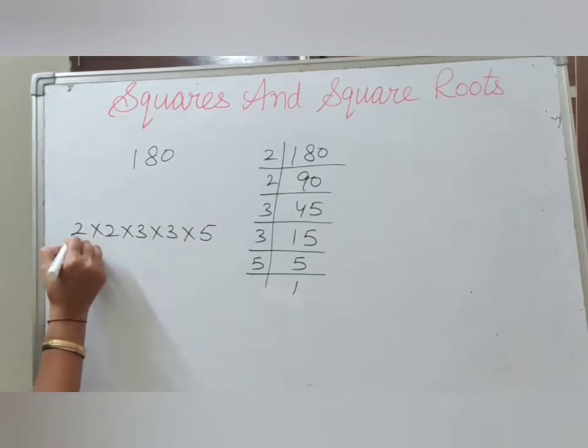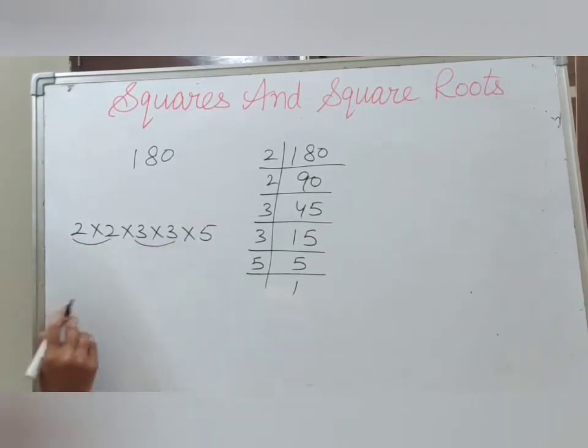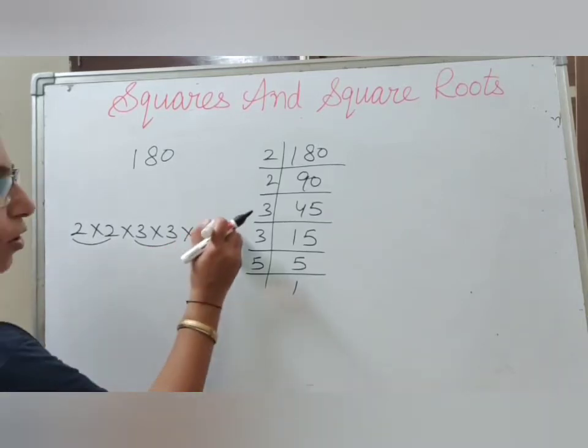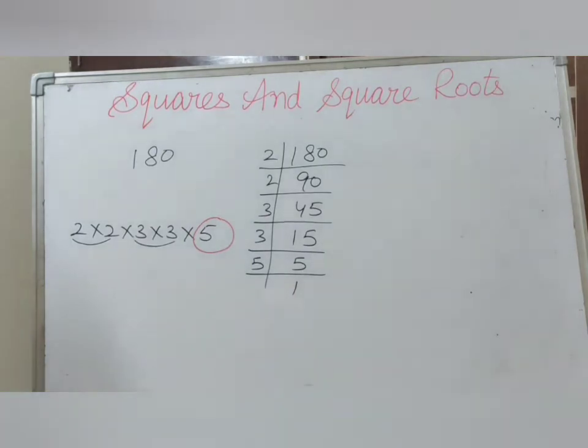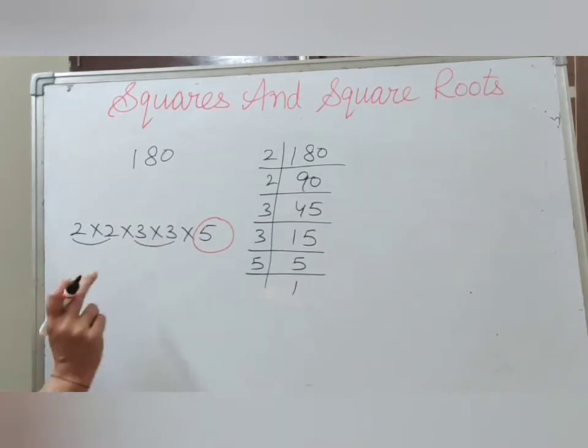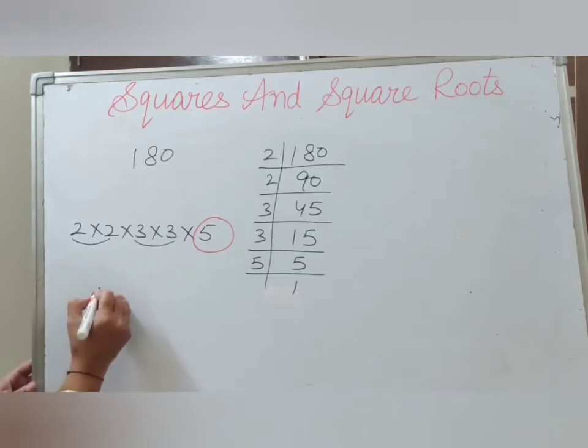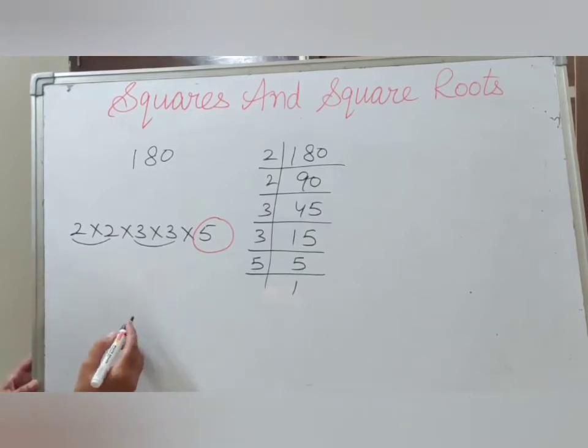We are getting one pair of 2, one pair of 3, but this 5 is left. For making this pair, we require one more 5. So this 5 is left. That is why we can say 180 is not a perfect square.